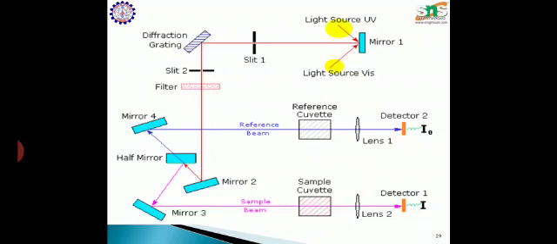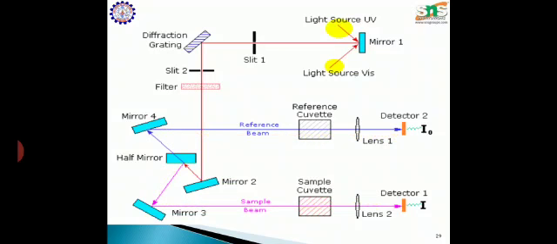So the source of UV light is here. The source passes through the diffraction grating, and the light is split into two forms. One passes to a reference and the other passes to a sample. So, reference and sample.